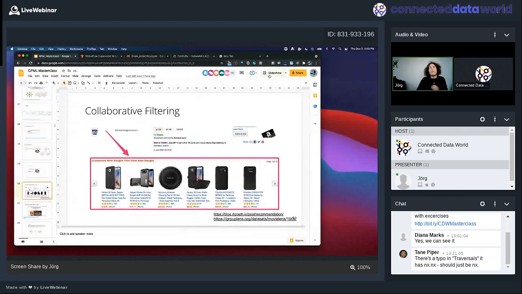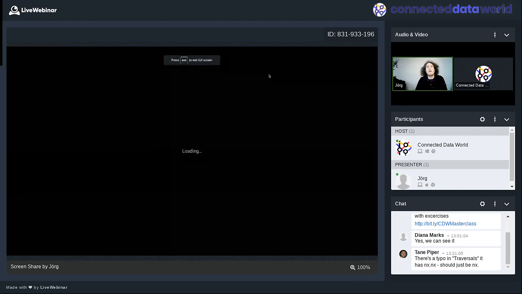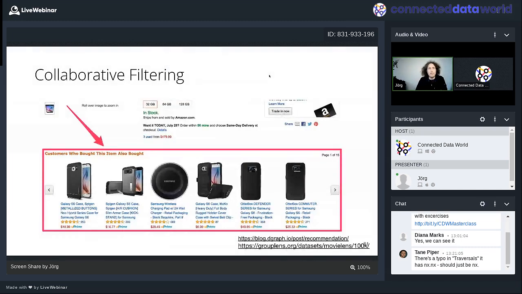What I would like to go into instead is different use cases, or how to spot a graph problem out there. And I suppose most of us have seen either this ad or this box on Amazon or something similar on other sites. So basically, customers who bought a particular item also bought something else.